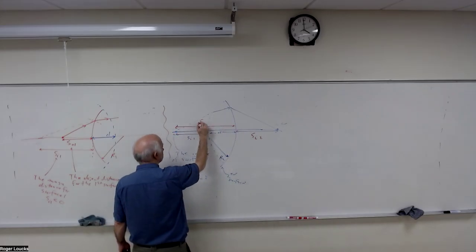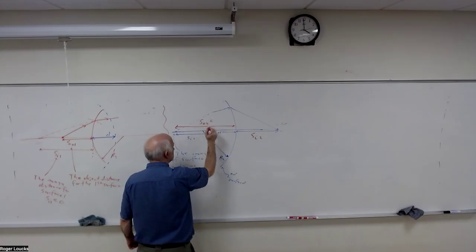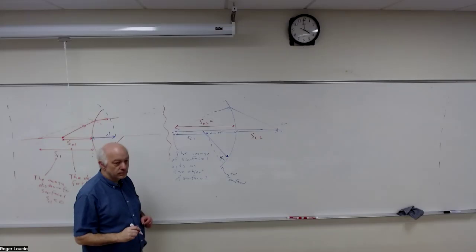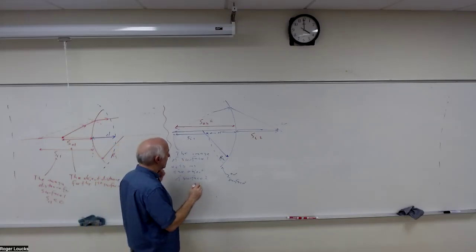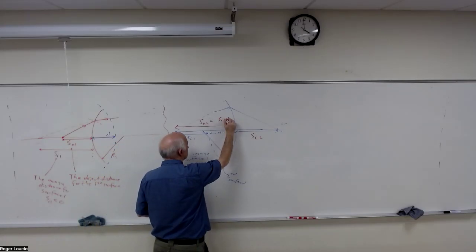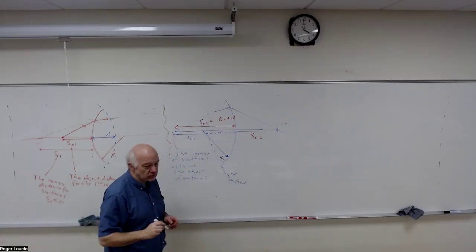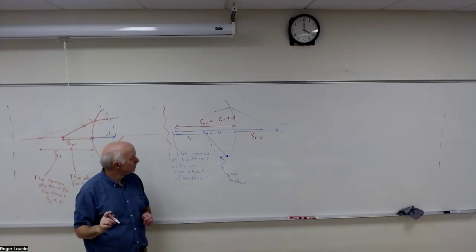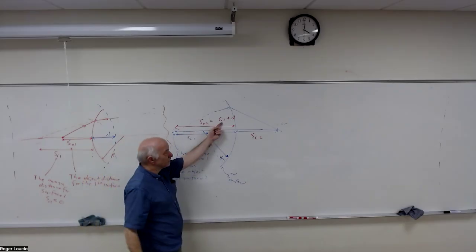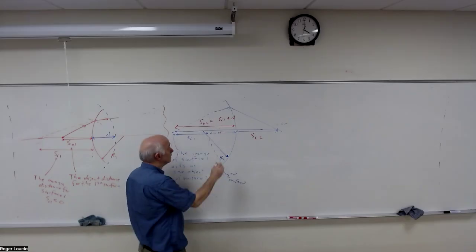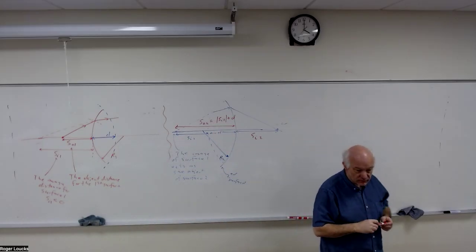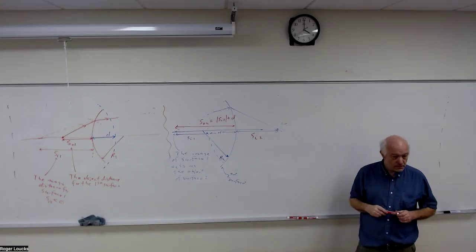That distance here is really SO2. So what would be SO2? We need this distance here. This SI1 is negative. So we really have to do that. Does that make sense? Okay.